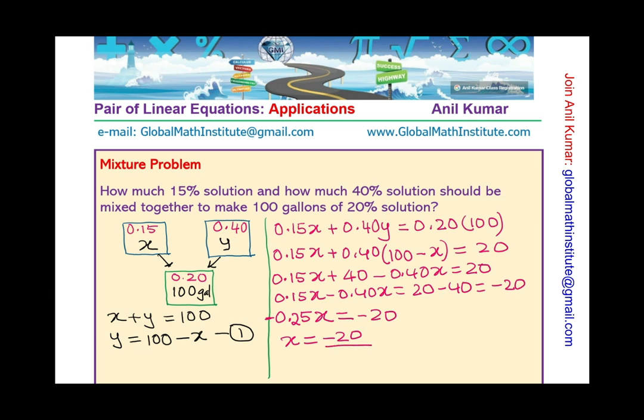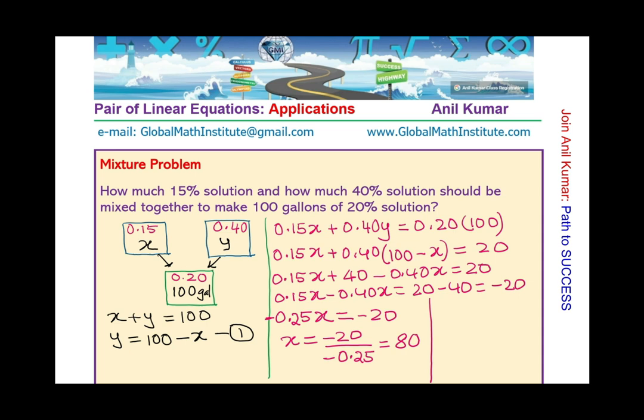over minus 0.25. So 0.25 is one fourth, right? So minus minus becomes plus, and 4 times 20 becomes 80. So we get the value of x as 80. So that means 80 gallons of 15% solution, and how many gallons of 40% solution?